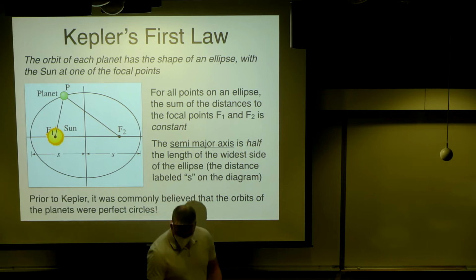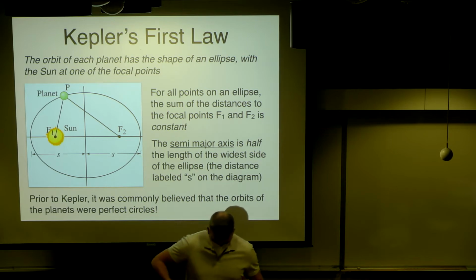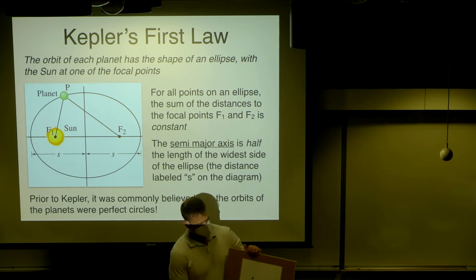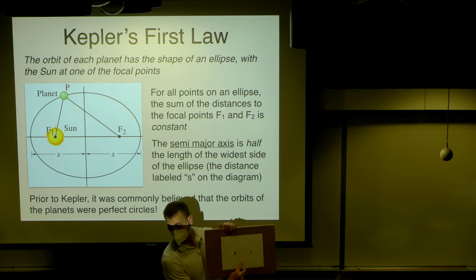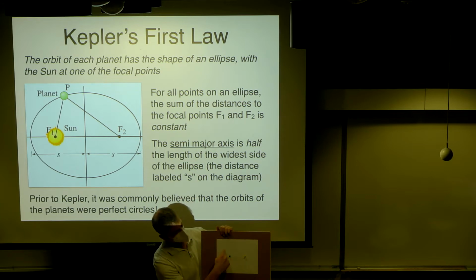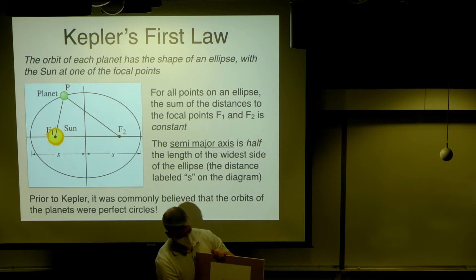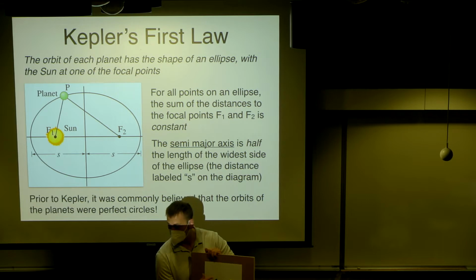I'm going to show you a little demo, actually. I'm not sure if you've seen this before, but basically, you can draw an ellipse by putting two little push pins into a cork board and then looping a string around those, and then taking a pen and just following around like this with the loop. Because think about it, each one of these pins represents a focal point.